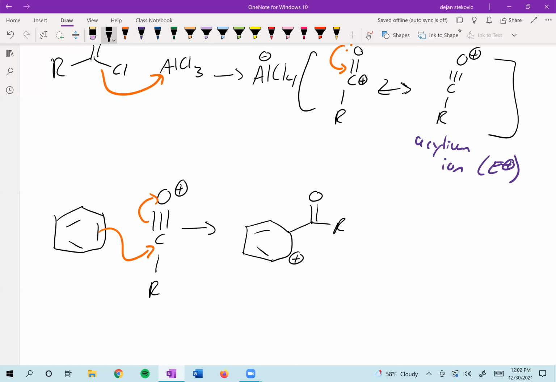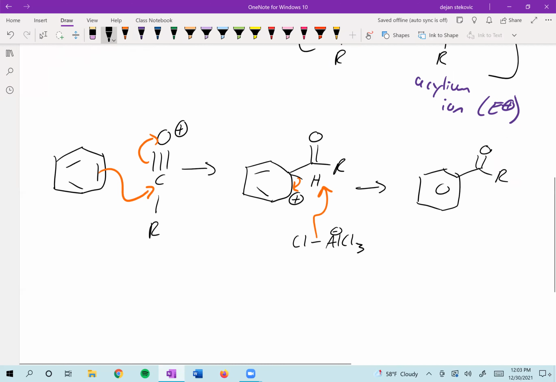Then we're left with our sigma complex in the middle, and then we're going to deprotonate this and regenerate our catalyst. So the aluminum chlorine bond is going to pick up the H. The carbon hydrogen bond is now going to become a carbon-carbon pi bond. And now we've added an acyl group to our benzene ring.